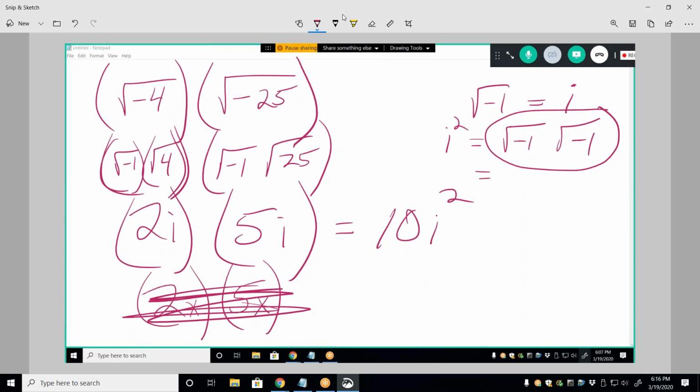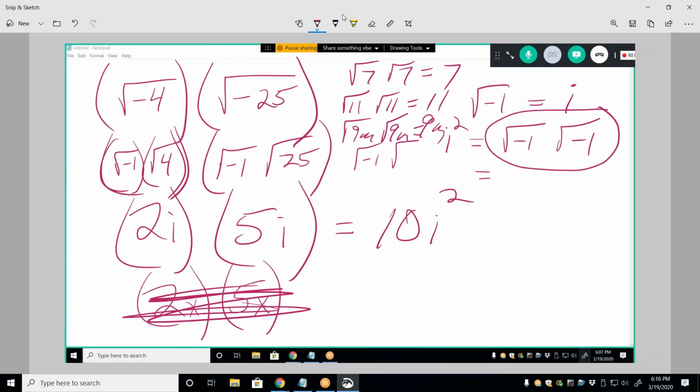What's the square root of 7 times the square root of 7? 7. What's the square root of 11 times the square root of 11? 11. What's the square root of 9 million times the square root of 9 million? 9 million. What's the square root of negative 1 times the square root of negative 1?